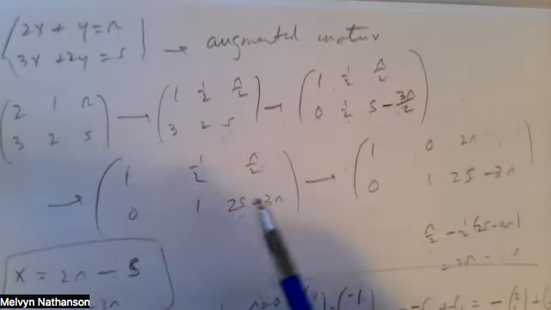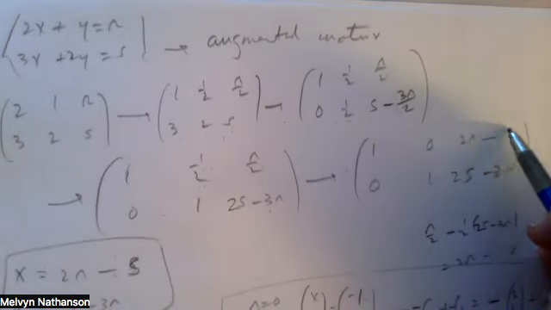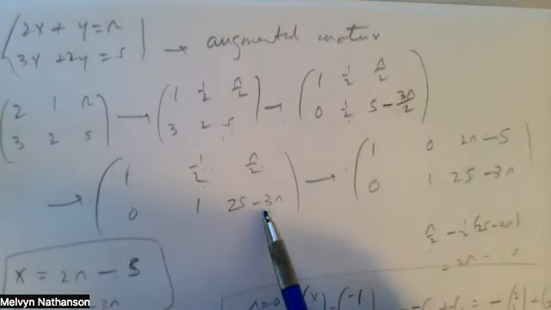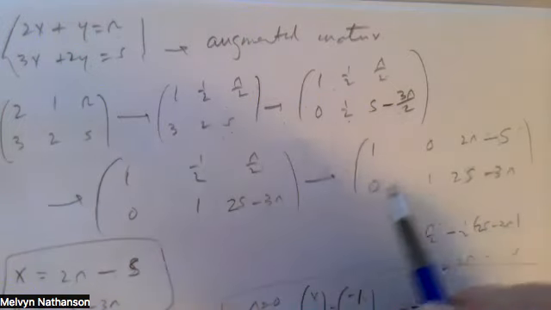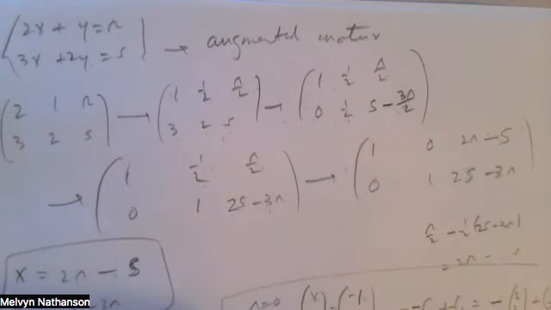Minus a half times this plus this. I get minus s minus a half times minus 3 is 3 halves plus a half is 2. 2r minus s. Okay. So this looks pretty good.